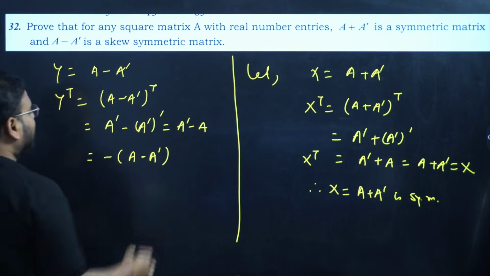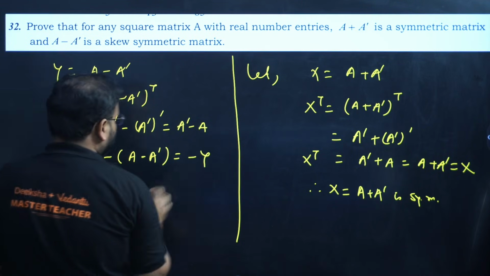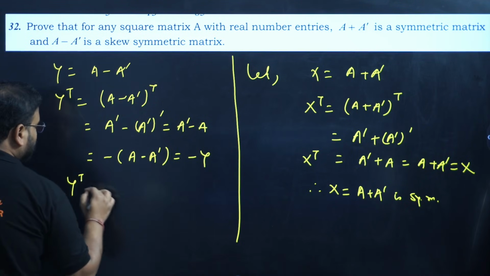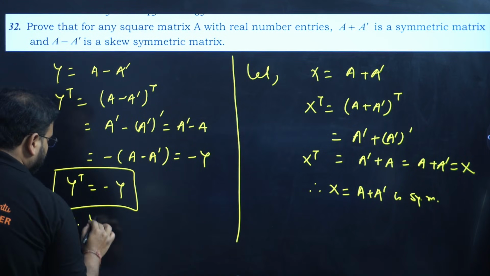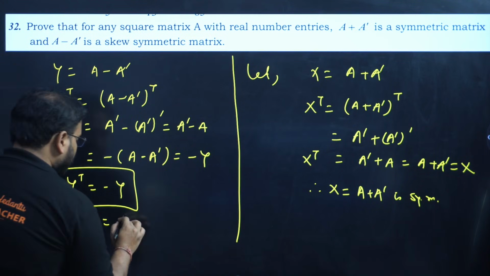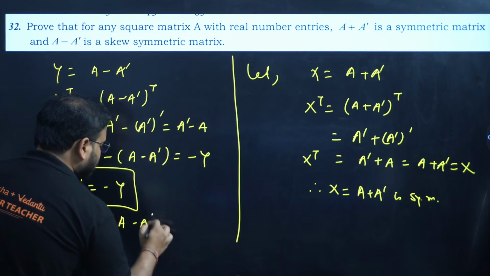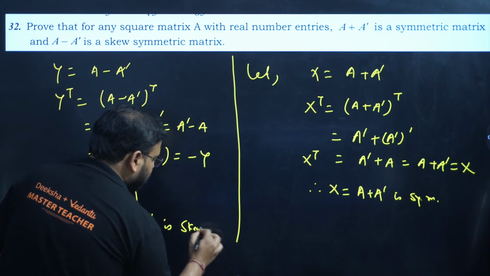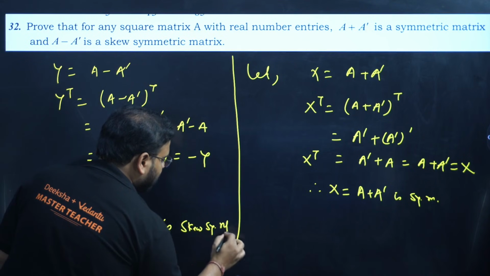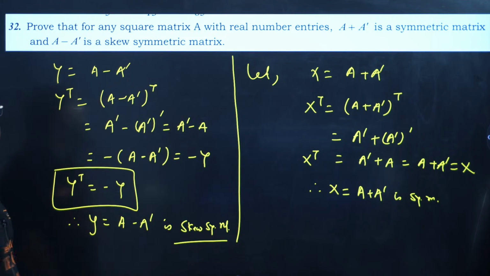Okay, check back, you're getting this as minus Y. So you started from Y transpose, you're getting here minus Y. It represents what? Therefore, Y equals A minus A transpose is a skew symmetric matrix.